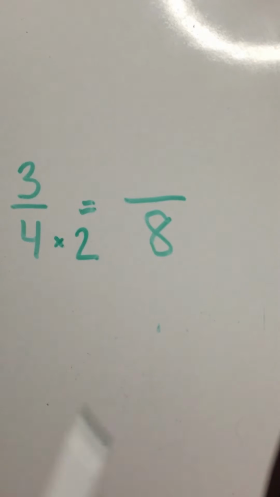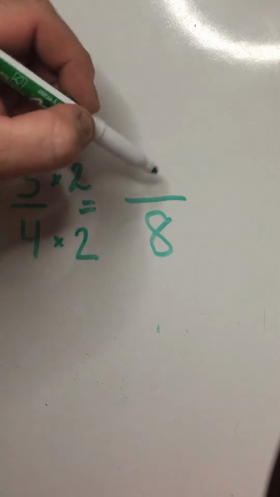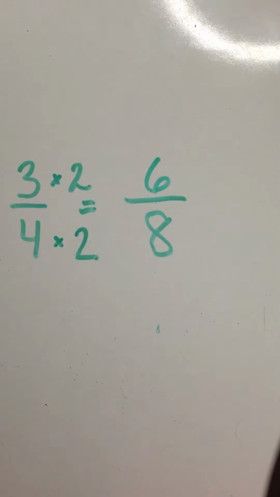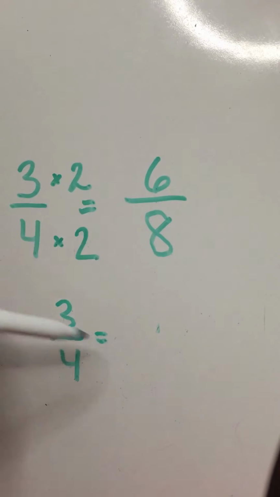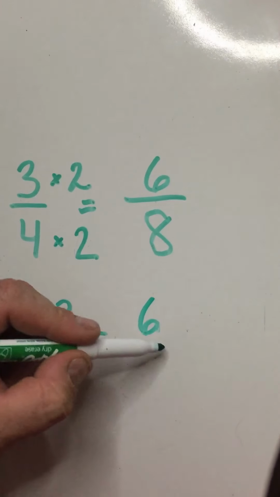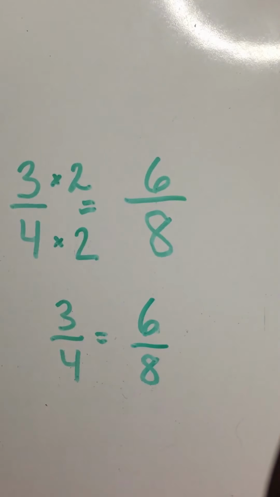If I did it to the bottom, I have to do it to the top as well. So that's going to be 3 times 2. 3 times 2 equals 6. So in other words, 3/4 is equal to 6/8. Okay?